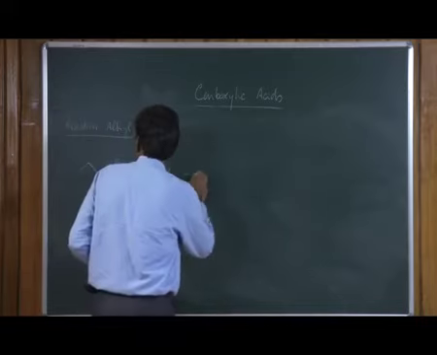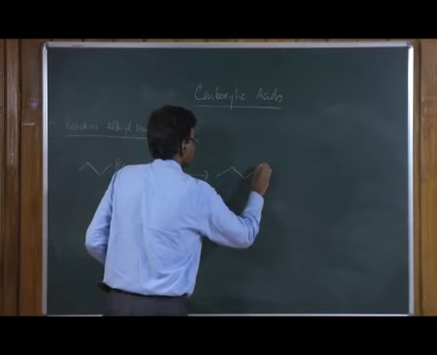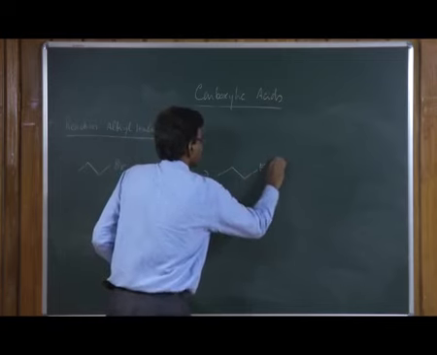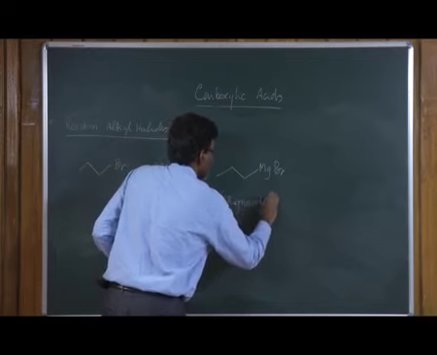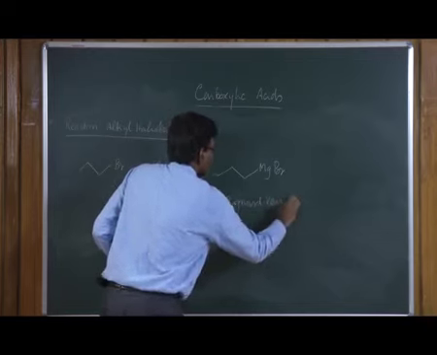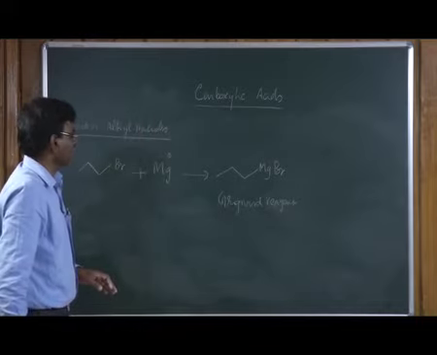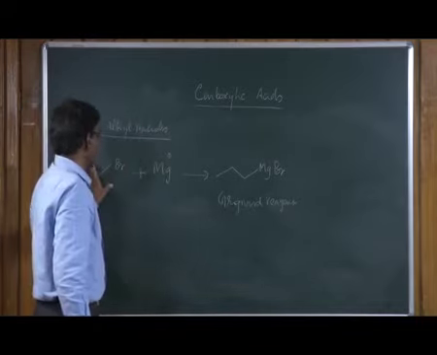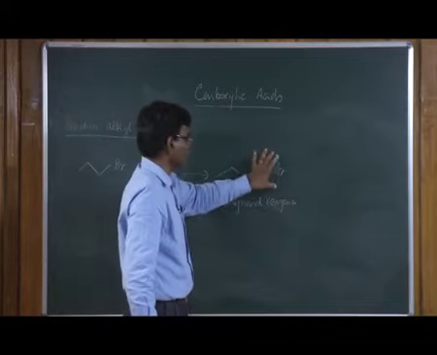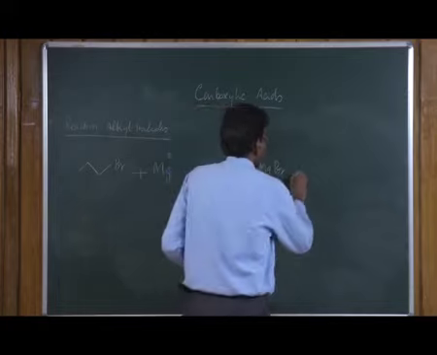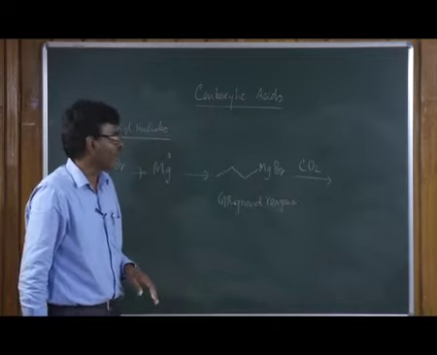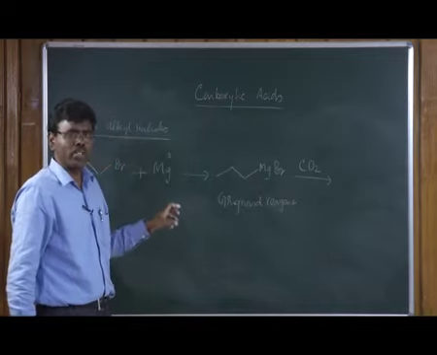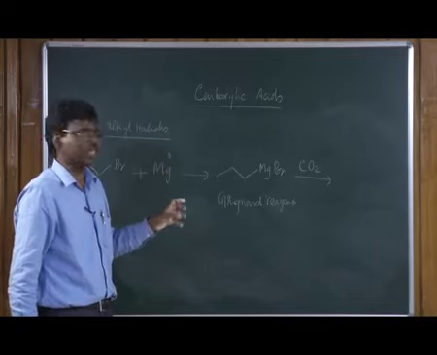The magnesium insertion takes place to give what is known as Grignard reagent, alkyl magnesium bromide. Once you form this, you can react it with carbon dioxide, and this reaction is usually carried out in dry condition in diethyl ether or THF.